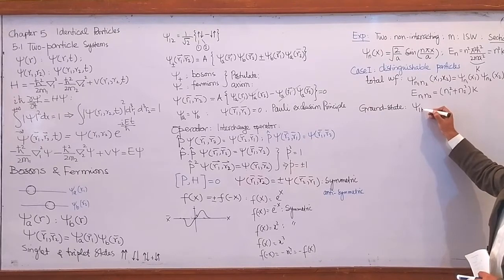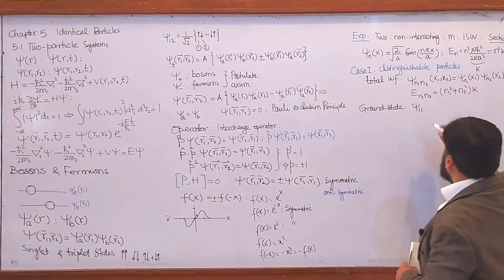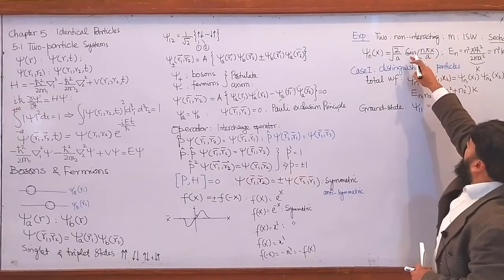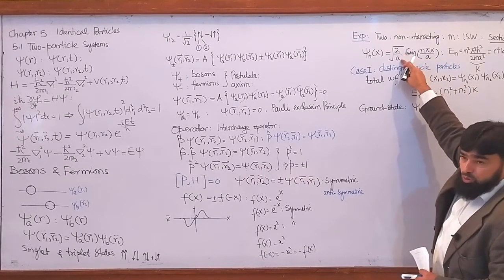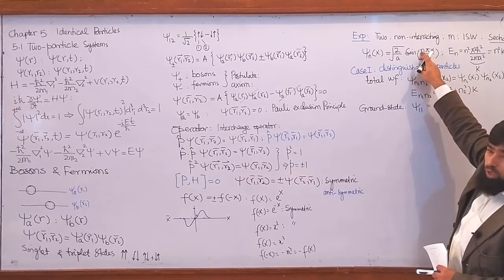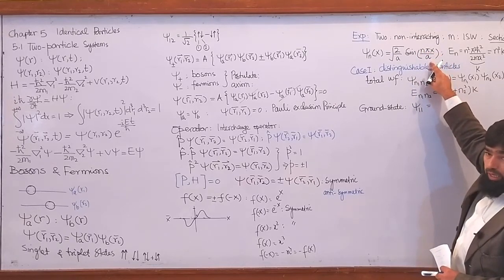When one of them goes to the second state, then it will be the excited state. So psi 1,1, what will happen to this one? It will be square root of 2 over a, sine n1 pi x over a.